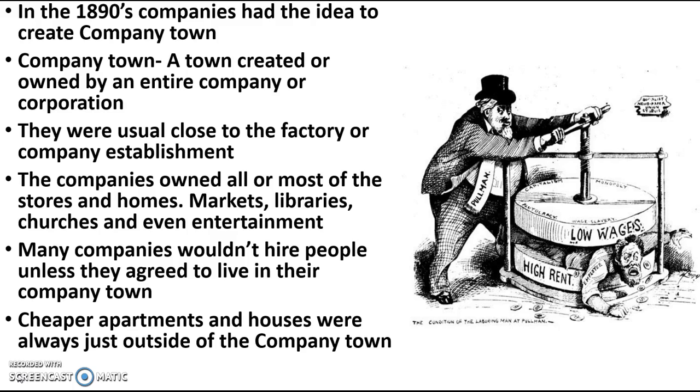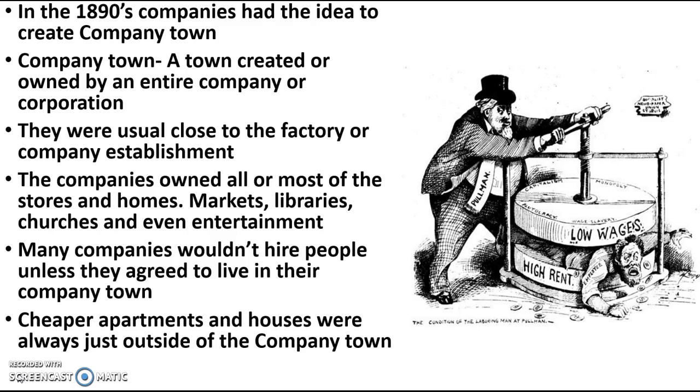And they wouldn't hire people unless they agreed to live in the company towns. That meant they had to work for the company. Then they had to pay the company rent. When they bought stuff, that money went to the company. When they were going to the pool hall or the theater, the company made money.